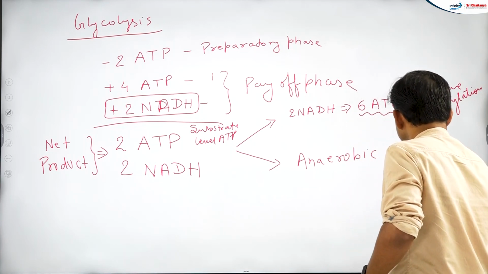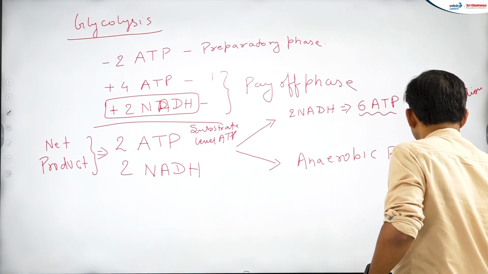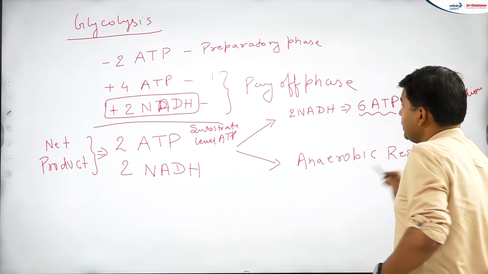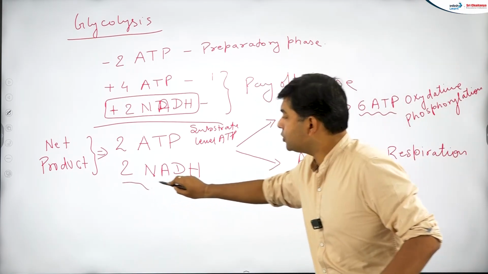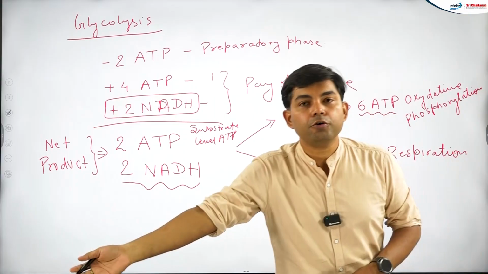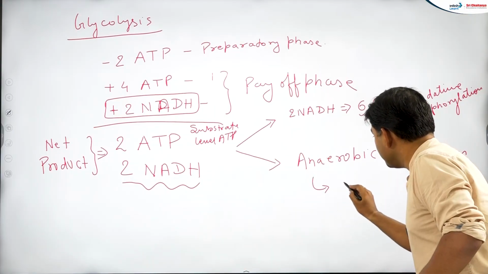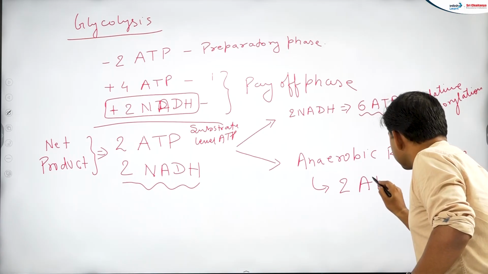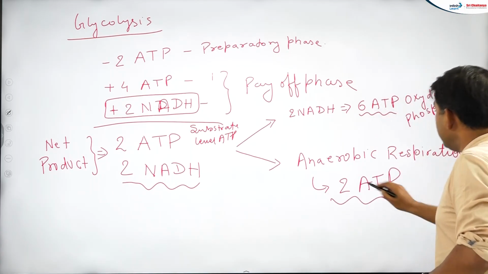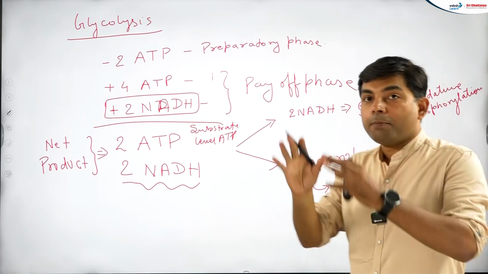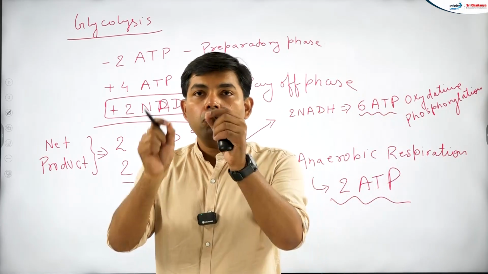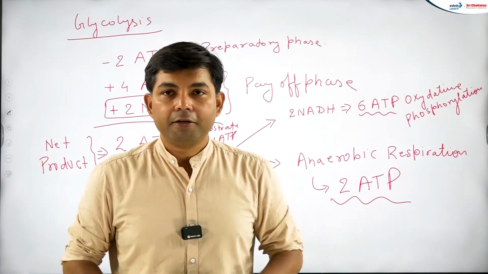In anaerobic respiration, the case will be different. In anaerobic respiration, this NADH is not going to get converted into ATP. So here the ATP produced is only 2 ATP. So if the pathway is anaerobic, glucose will produce 2 ATP.